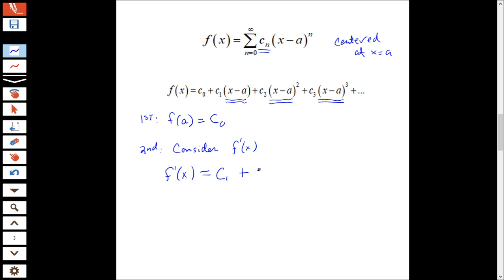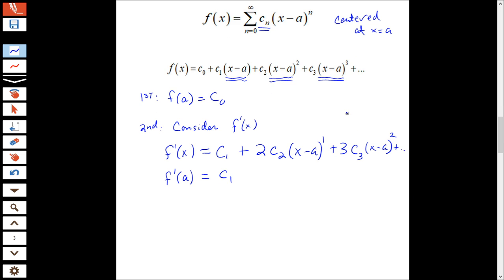The derivative of the next term is 2 times c sub 2, x minus a to the first. That's just the power rule. Next one is going to be 3 times c sub 3, x minus a squared, and so on. And so using the same kind of idea from before, f prime of a is just going to be equal to c sub 1.